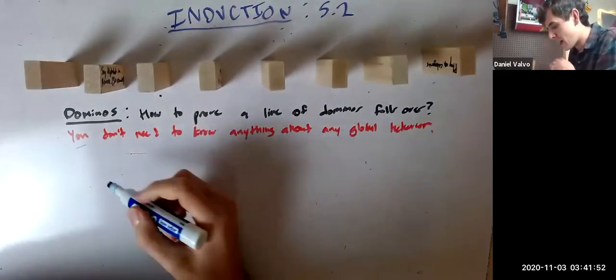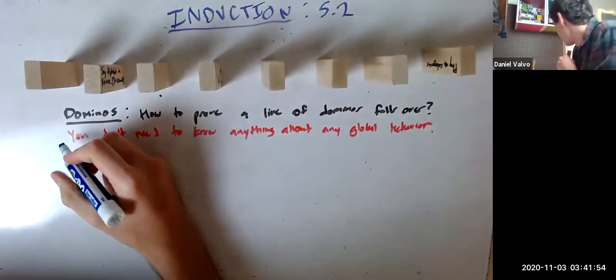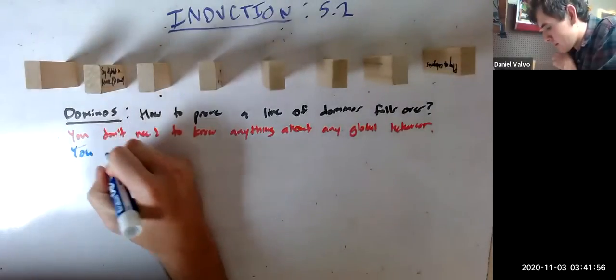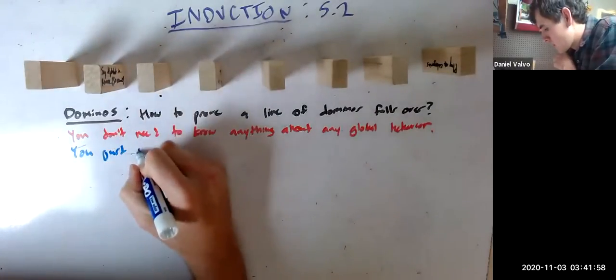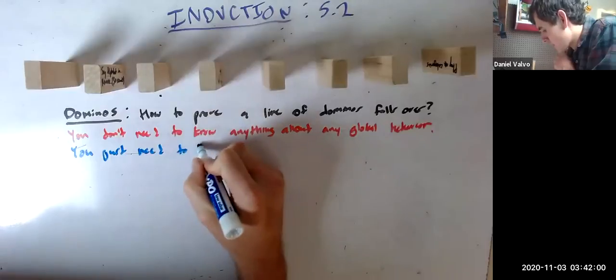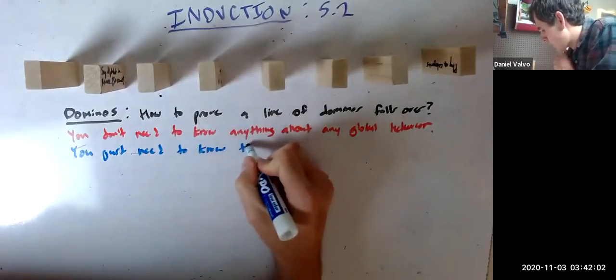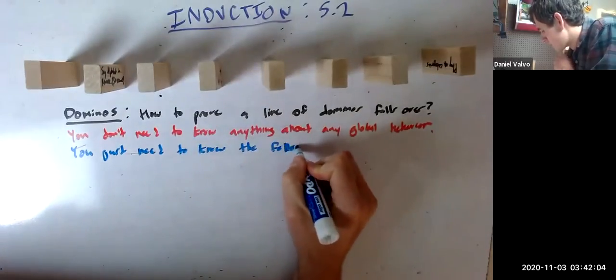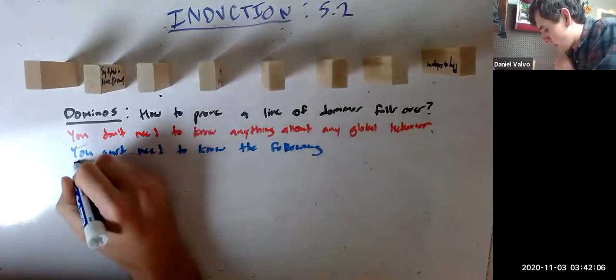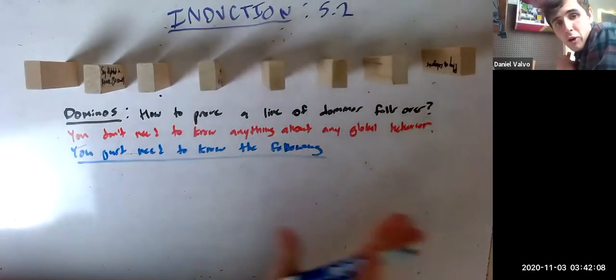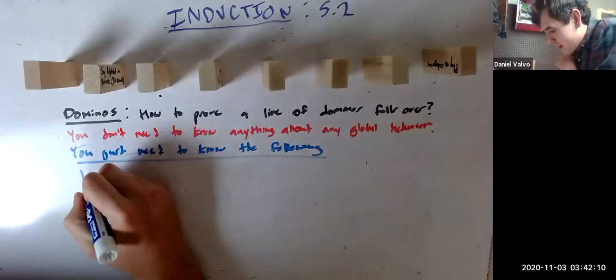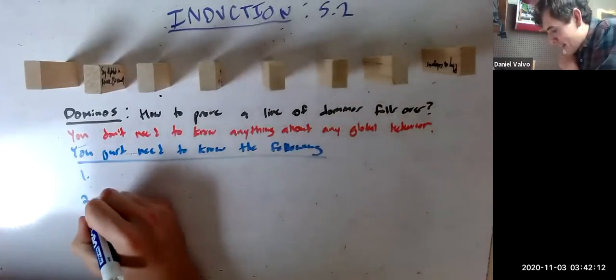So what I'll say is, you just need to know the following. To prove that they're all falling, you know two things. One, I'll leave that blank for a second. We're going to come back to that already.